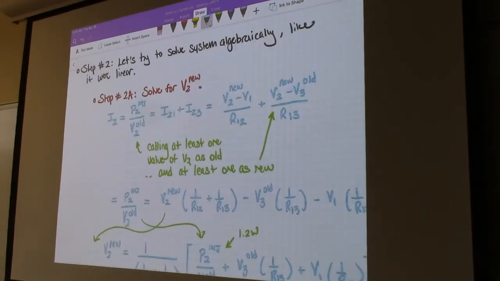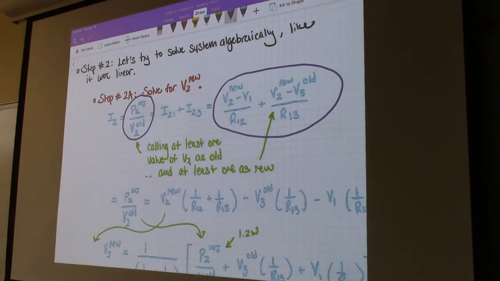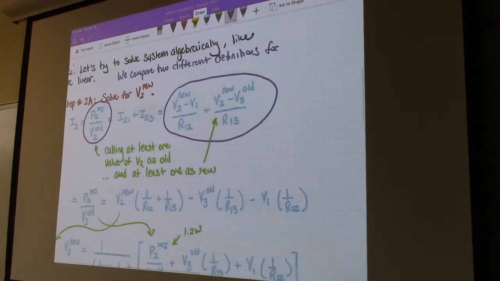And really look at what we're doing up here: we're just comparing two different definitions for I2, right?